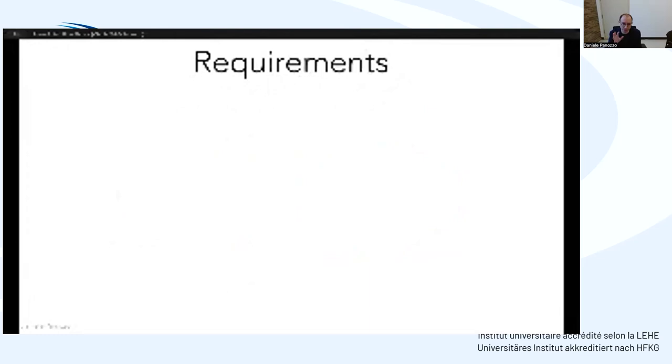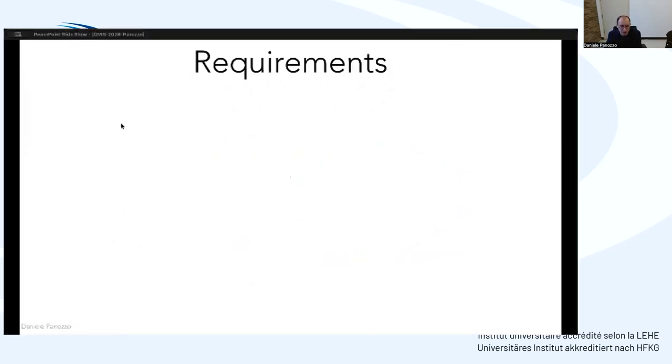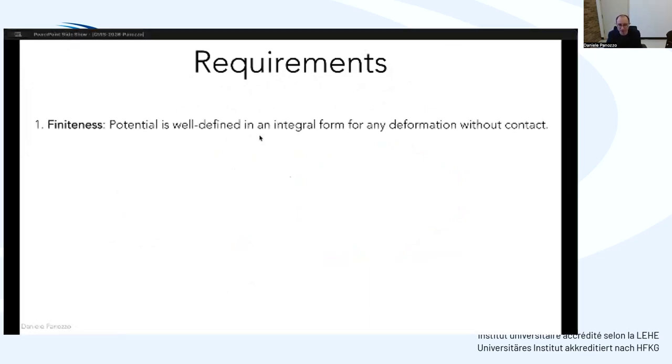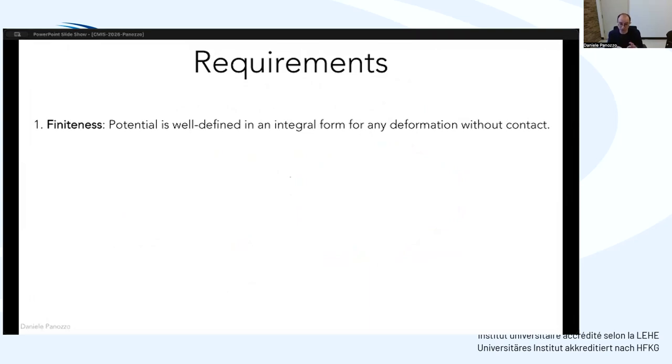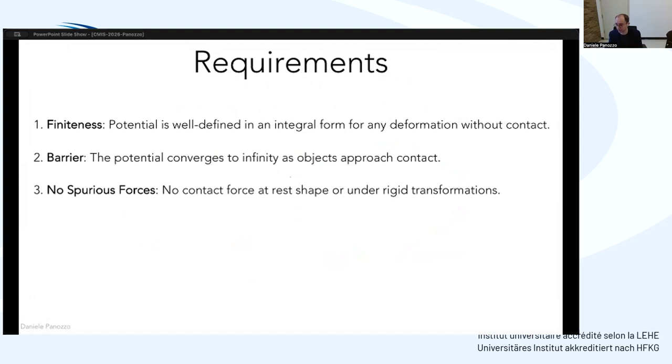So we're trying to define a potential which is finite if the surfaces are not in contact and if the surfaces are not self-intersecting. It's infinite if there is a self-intersection or if two surfaces touch. It should have no forces at the rest shape or under rigid deformation.